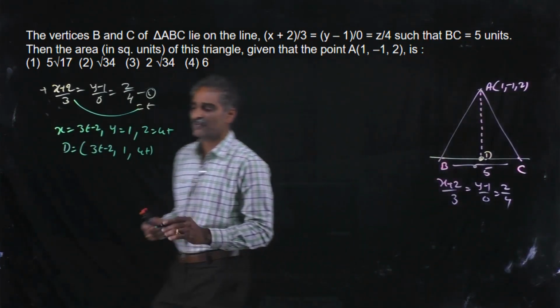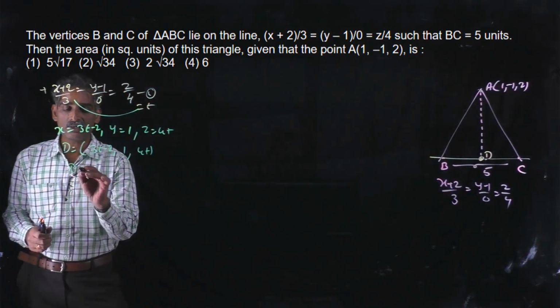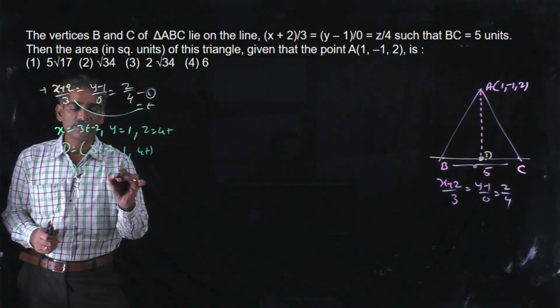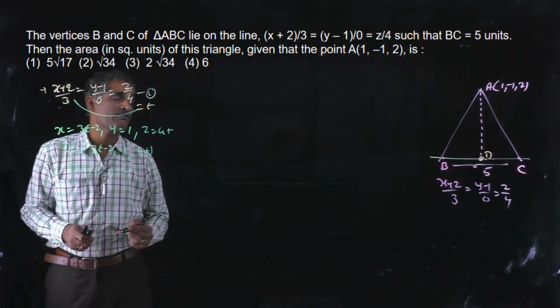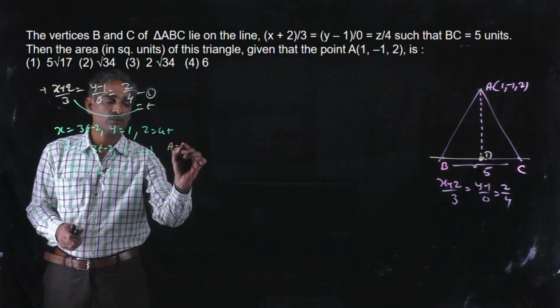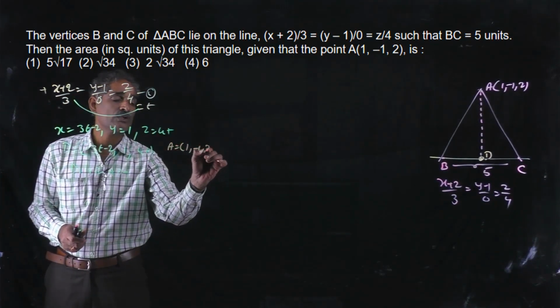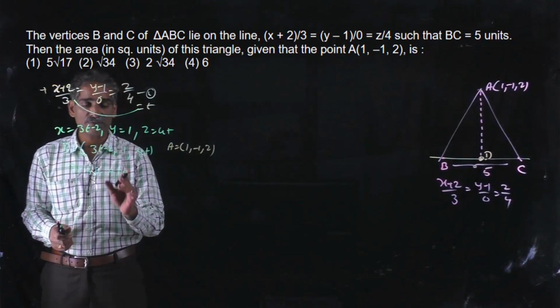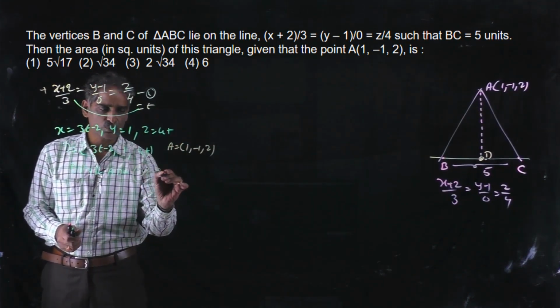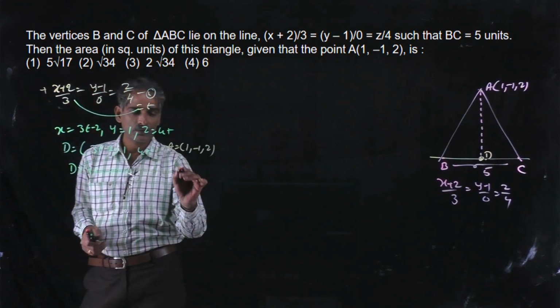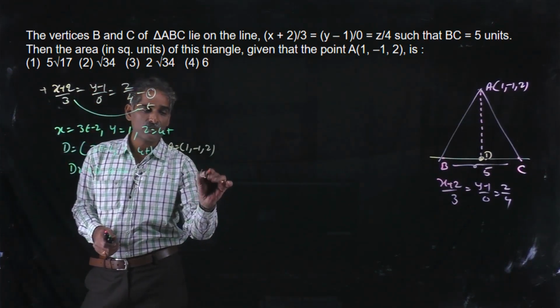Now DRs of AD. A is 1, minus 1, 2 and D is there. DRs of AD are OD minus OA, that is equal to 3t minus 2 minus 1, 1 plus 1, 4t minus 2.